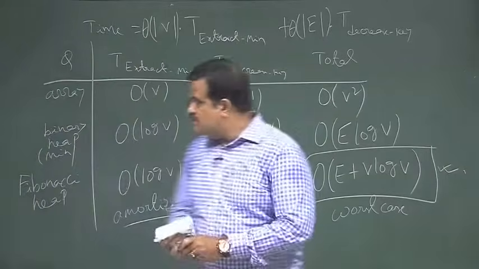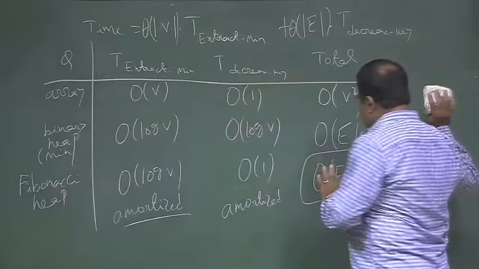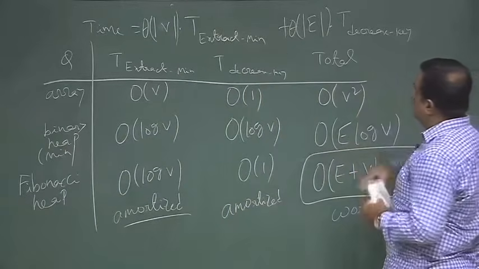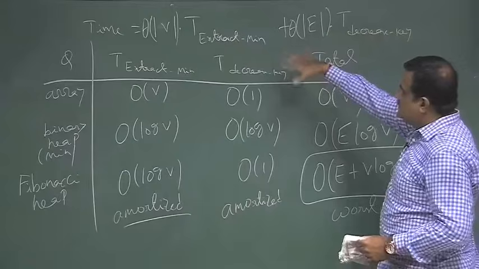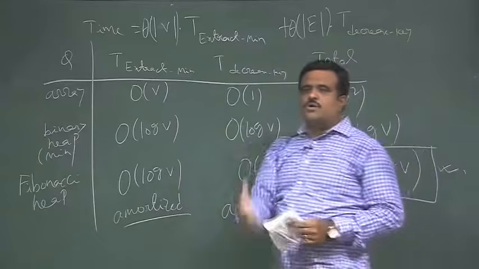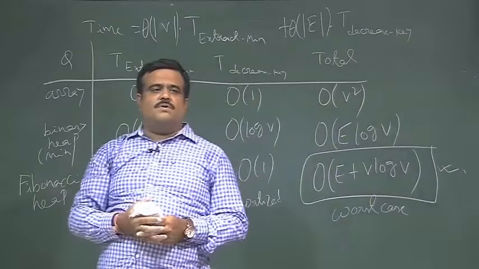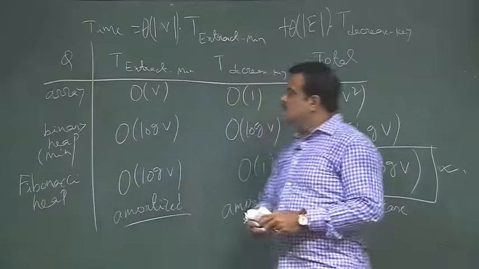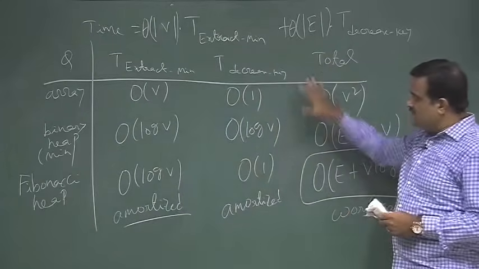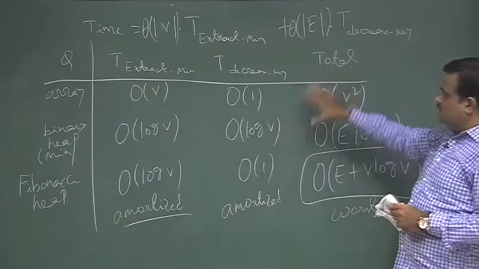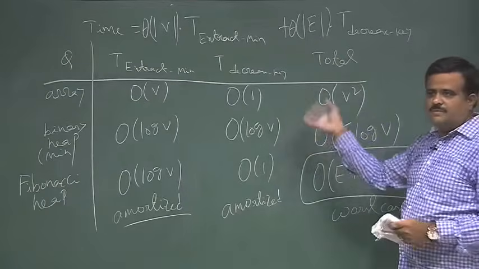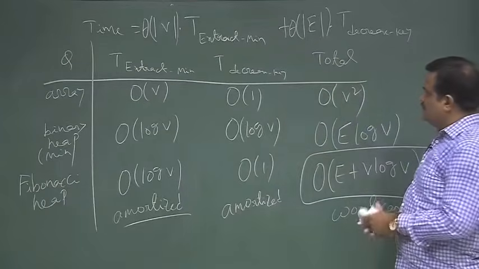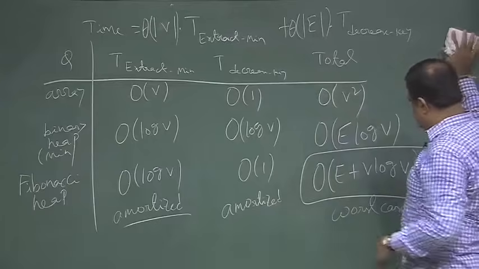Now we will start the next topic. This is the Prim's algorithm time complexity, and it will be the same when we talk about Dijkstra's algorithm for finding the shortest path. There we will not discuss all the details, so you have to come back here to recap the analysis of this table.